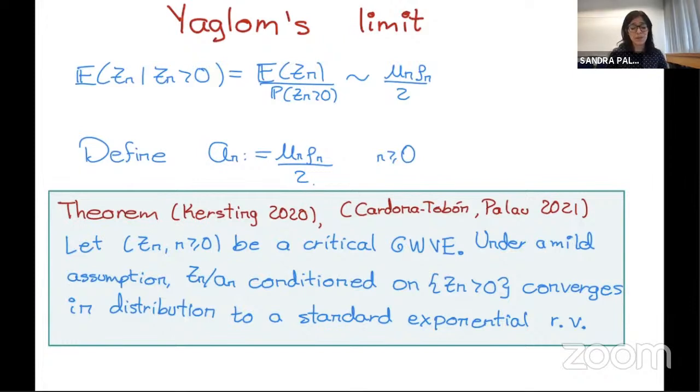Kirsten showed this convergence in an analytical way: he proved that the Laplace transform of this process converged to the Laplace transform of an exponential random variable. With Natalia, we did it in a different way, using the composition. I'm going to present this at the end of the talk as an application of our genealogy.